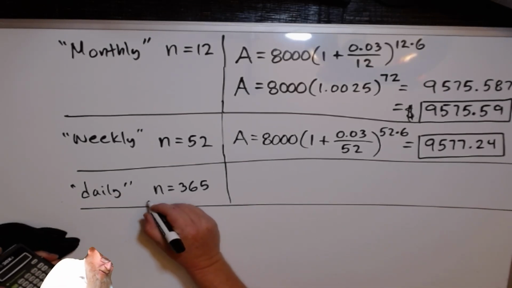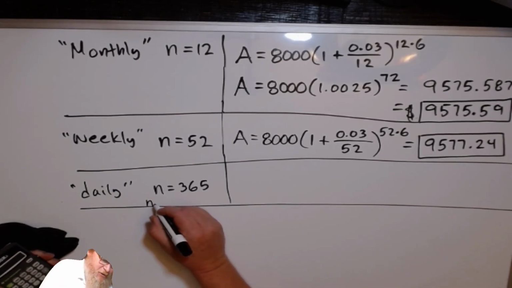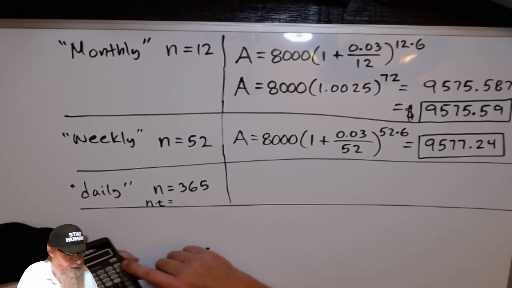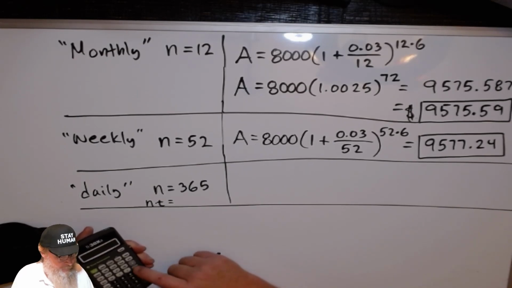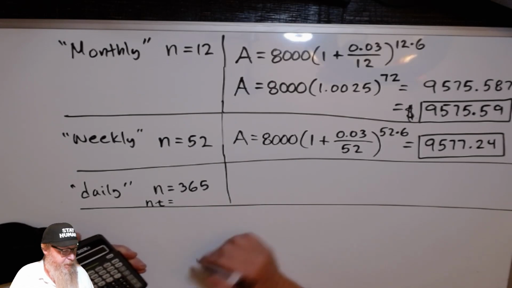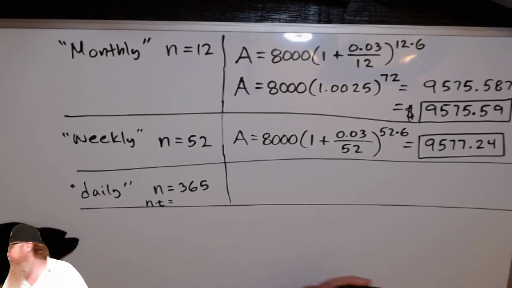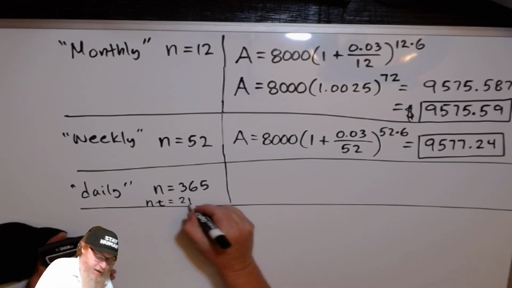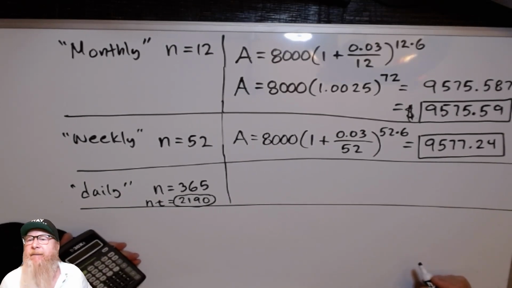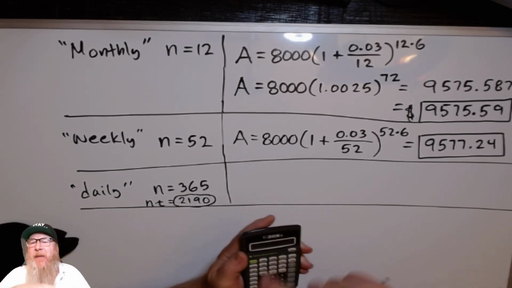So just down here, I'll do a quick scratch. nt is 365 times t. It's 365 times 6. That's going to be 2190. All right, that'll be my power. Just saves me from having to clear out my screen.